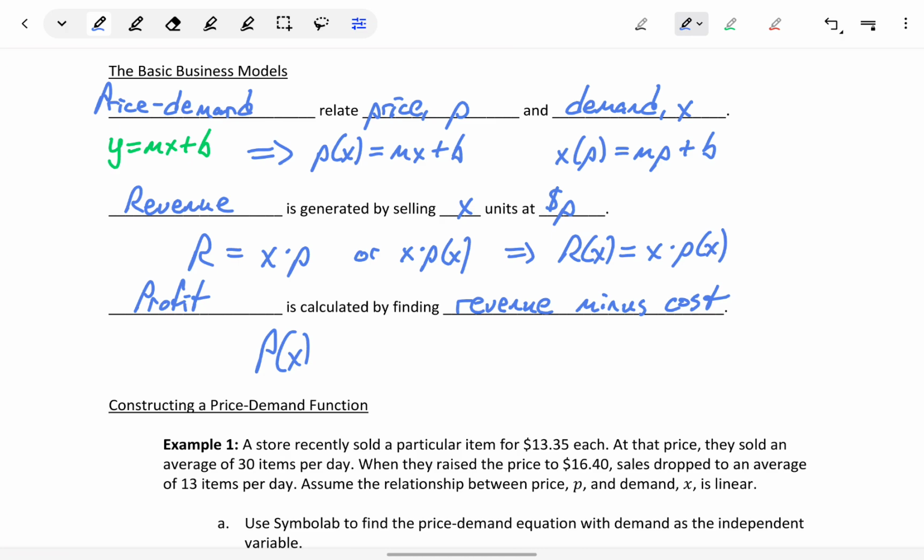We need to think about that case sensitivity, is equal to r of x, our revenue function, minus c of x, which would be a cost function. And again, we'll see in the examples throughout this section different ways we can go about constructing those functions and then use them to answer practical questions about the business world.